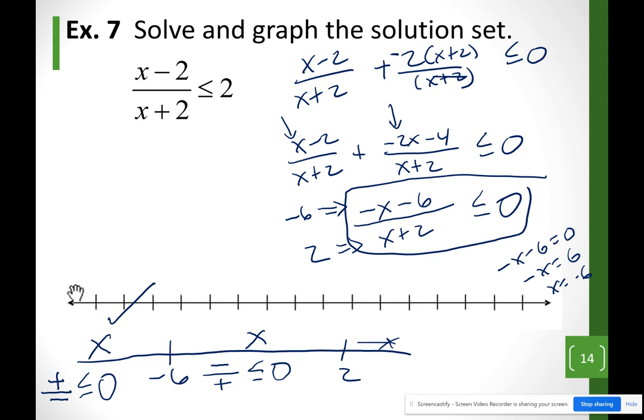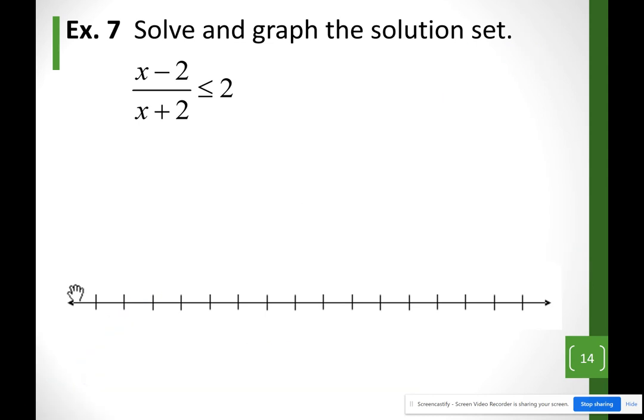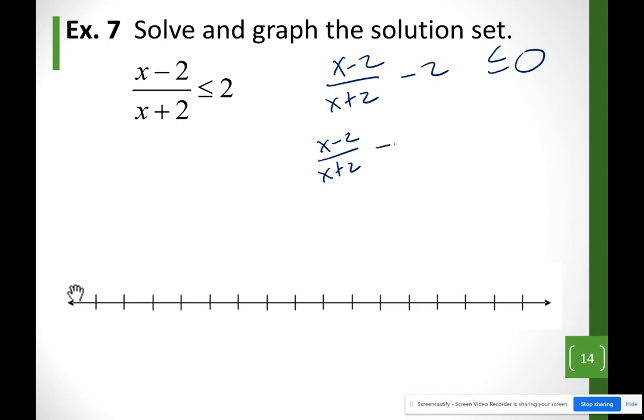Wait. Let me restart on this one. That doesn't make sense. Let's work this out. Let me work this one out again. x minus 2 over x plus 2, minus 2, is less than or equal to 0. I'm multiplying the 2 by x plus 2 over x plus 2. So I have an x plus 2 at the bottom.